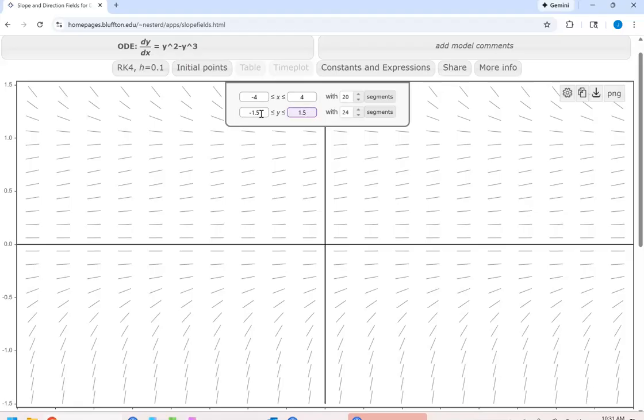If I look at y squared minus y cubed, you should see that we have two equilibria. y squared minus y cubed is 0 when y is 0 or y is 1. Pretty easy to solve, right? Just set it equal to 0 and solve. Okay. Looking at the picture, I see that my equilibrium at 1 is stable, right? Here's my equilibrium at 1. If I'm above it, I come back down.